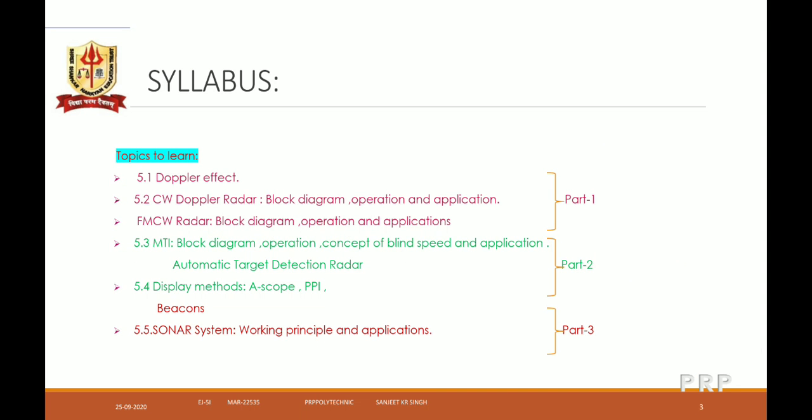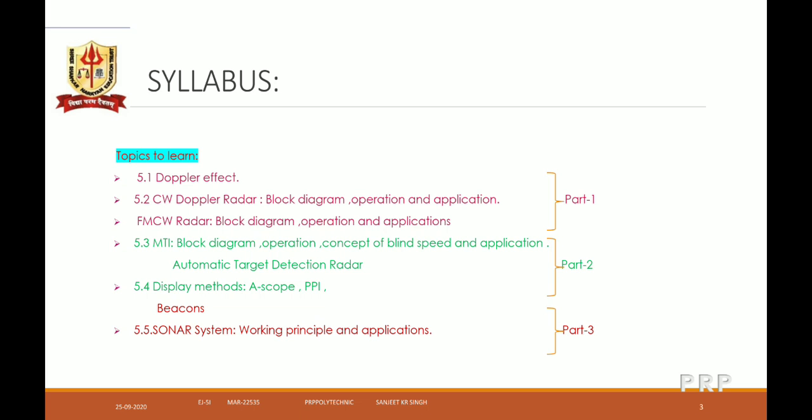The syllabus topics to be studied in this presentation and the upcoming fourth presentation will be: in part 1 we will see the Doppler effect and continuous wave Doppler radar with respect to block diagram, operation, application, and we will see the frequency modulated continuous wave and Doppler radar block diagram, operation and application in the first part.